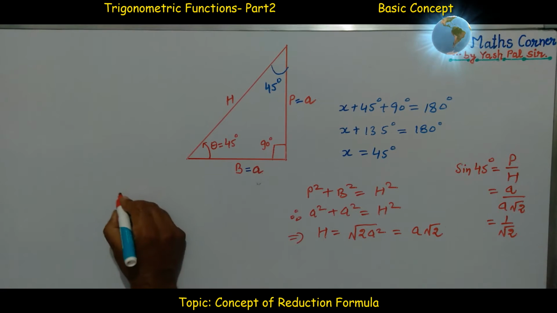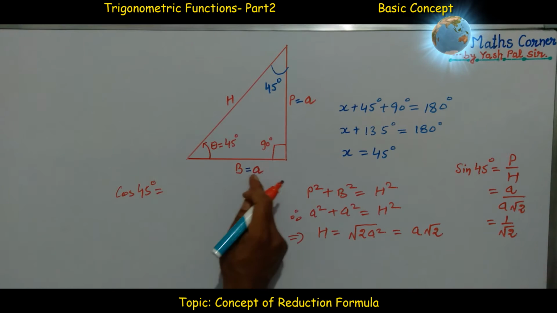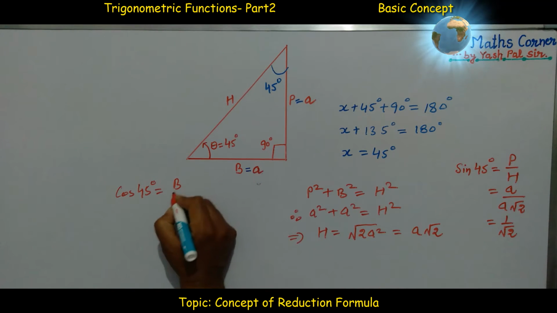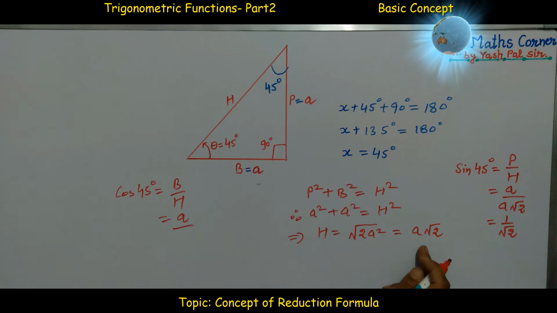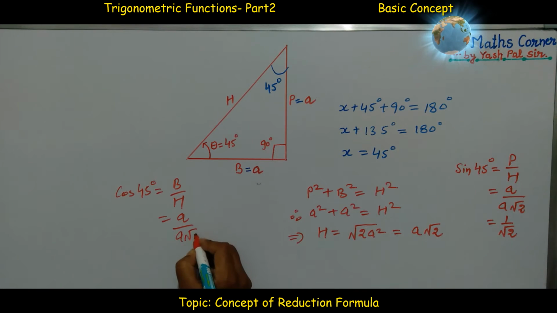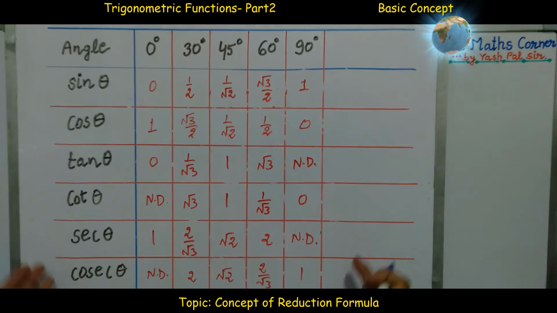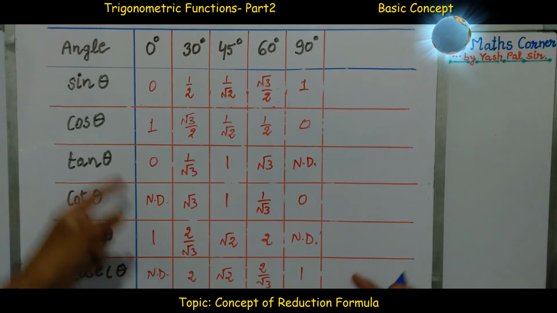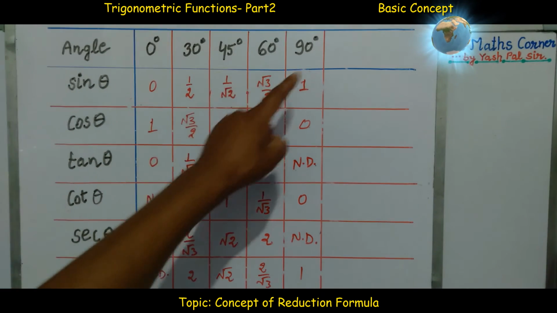Similarly, cos 45 degree is equal to base upon h. Here base is a and h is a square root 2. Again the value is 1 upon square root 2. In this way, we have already constructed the trigonometric table with 0 degree, 30 degree, 45 degree, 60 degree and 90 degree.